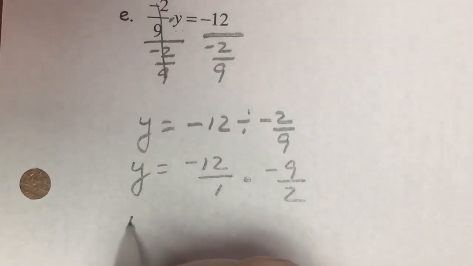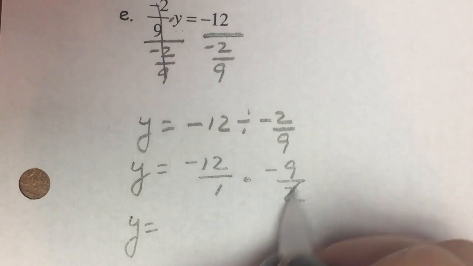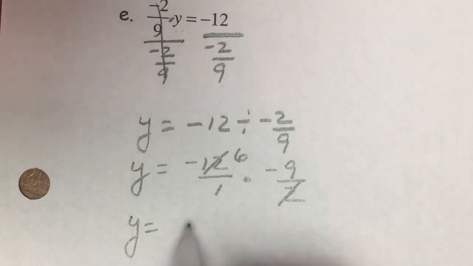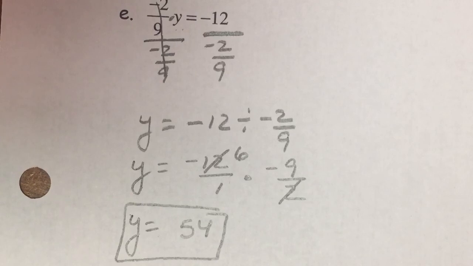You should know already your answer is going to be positive because a negative times a negative is positive. We can cancel this 2 into this 12, which gives me 6. So the answer is going to be positive 54. And there's the end of your notes for 5.7.